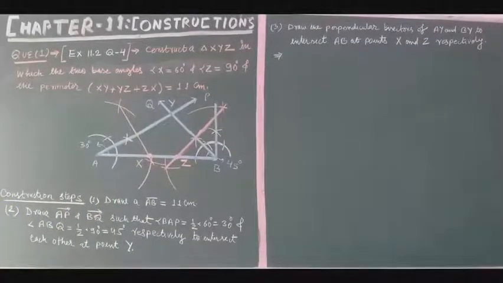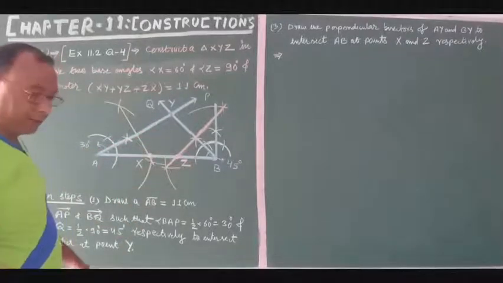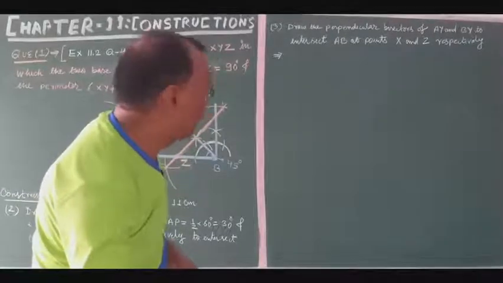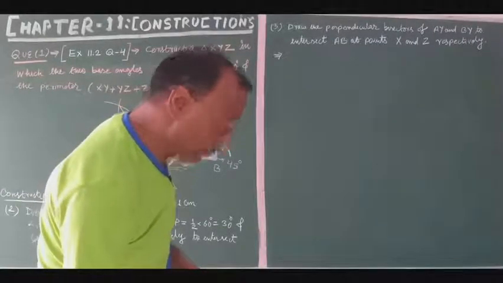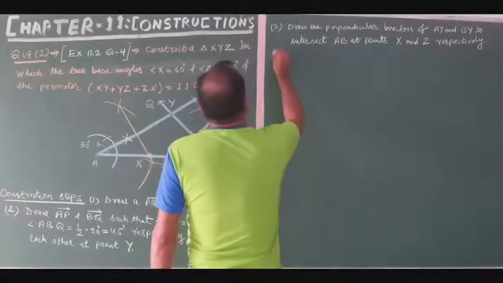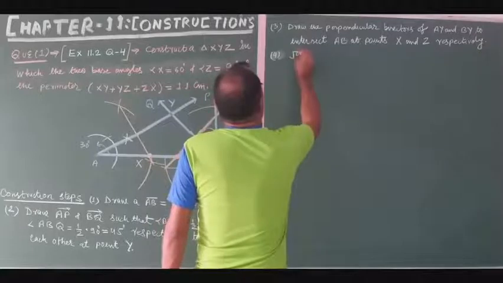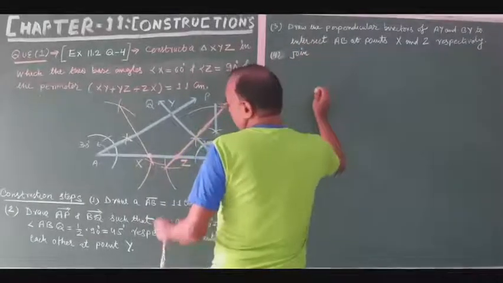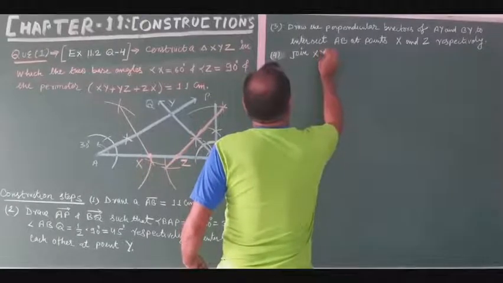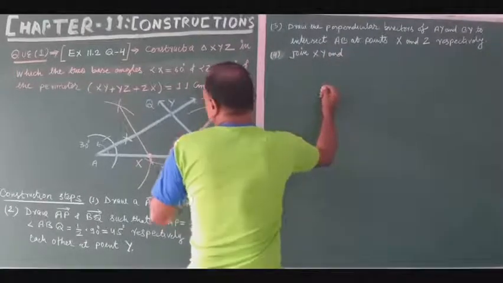Now we will join X, Y and YZ. Is it there? This is step number 4. Join this one, X, Y. And ZY.